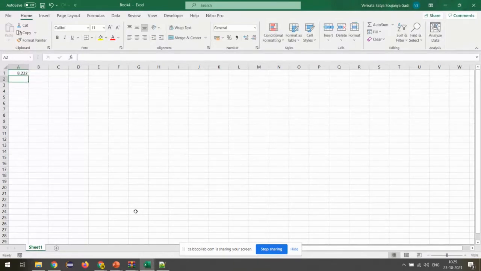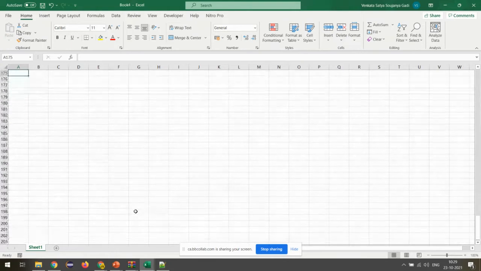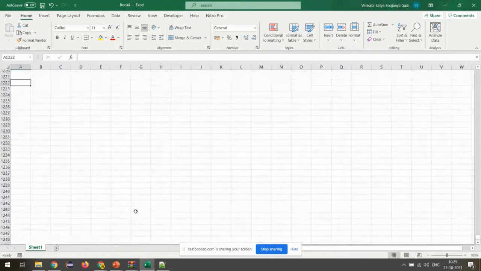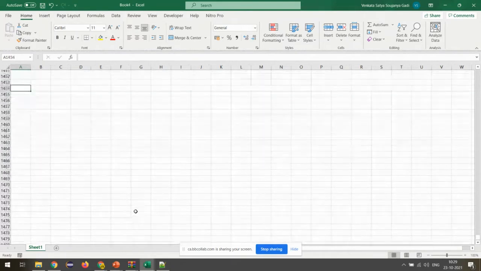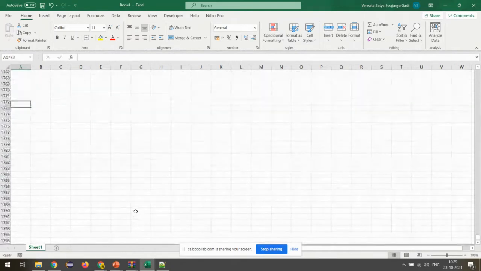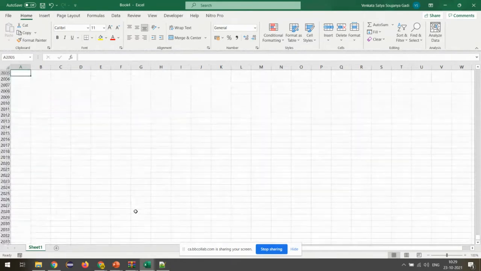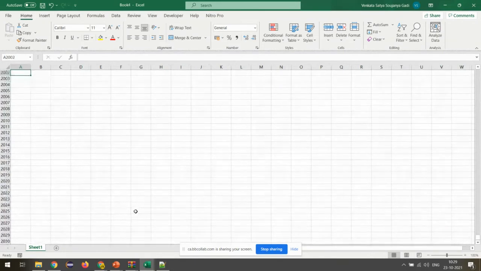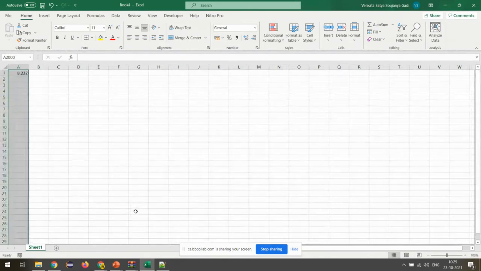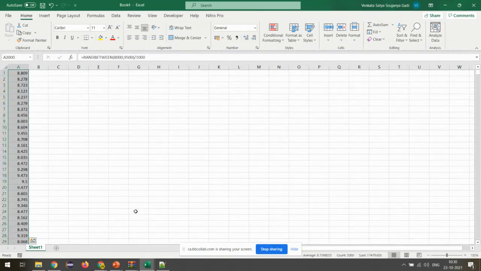So I'm generating numbers between 8 and 95. Let me collect some 2,000 data samples. Okay, so we have 2,000 here, for which we generated random numbers.